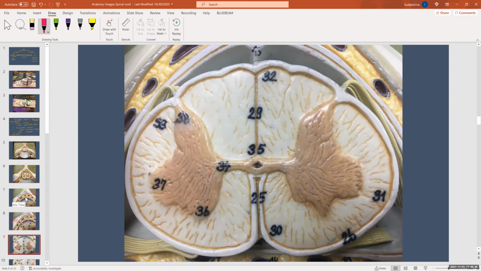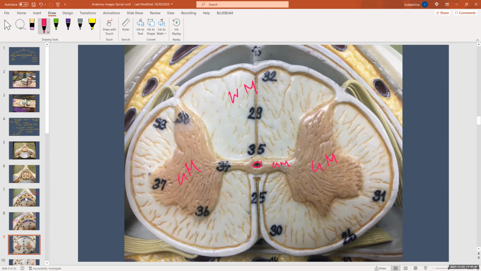So let's look at the spinal cord itself. When we're looking at the spinal cord, you can clearly see that there is white matter and there is gray matter. Gray matter takes the shape of a butterfly or the English letter H. Okay. So let's first name the gray matter.